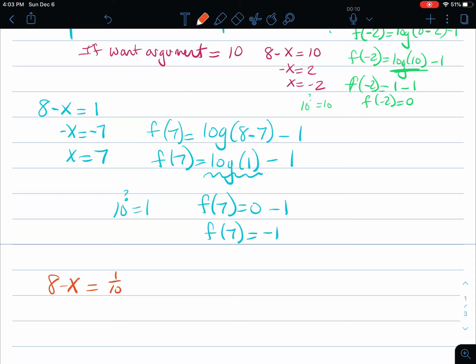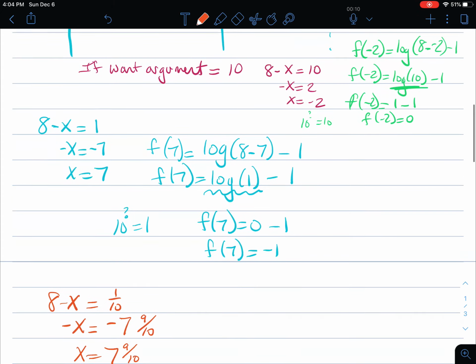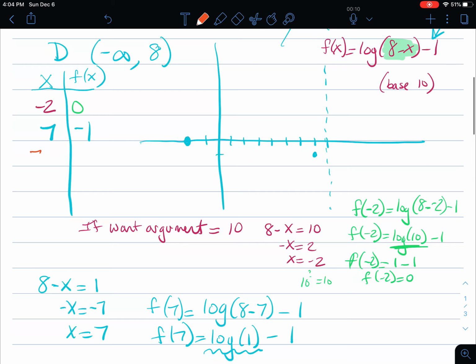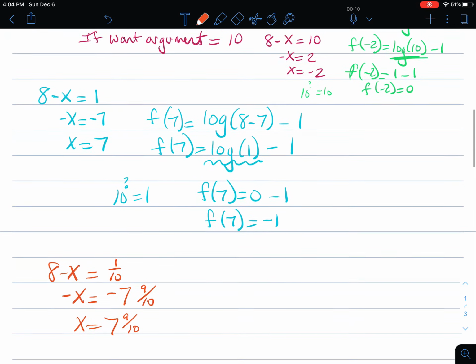I subtract 8 from both sides, and I would get negative 7 and 9/10, so x is 7 and 9/10. It's fine if you write that as a decimal, or an improper fraction. I like it this way because I can see how close I am to the 8.